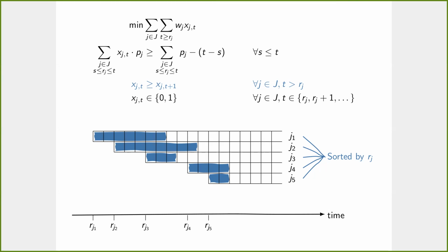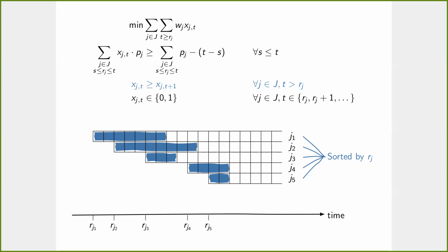So we need some kind of constraint that restricts how fast we complete the jobs. Basically, by incorporating the power of the one machine that we have, by modeling how much the one machine can process. And the constraints that we need for that turn out to be the last kind of constraints in this integer program.